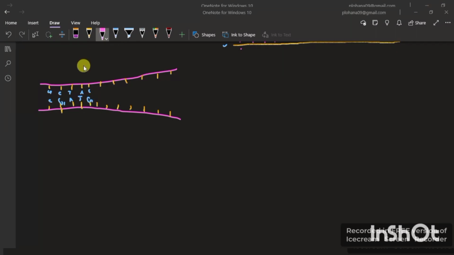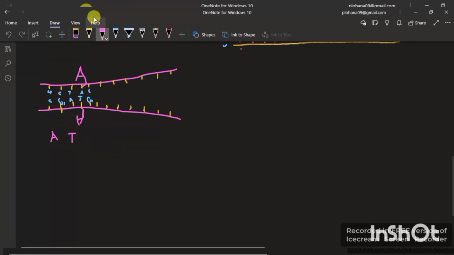Here an enzyme will come, which is the DNA A enzyme. It will break the bond between A and T, because we know that between A and T we have a double bond.